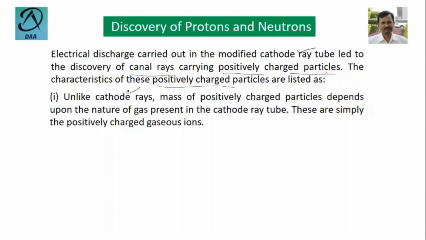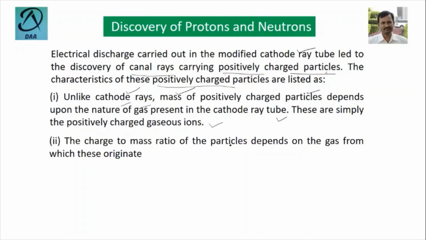We know that cathode rays are independent of the mass of the gas inside the cathode tube. But in this case, the positively charged particle depends on the mass of the particles of the gas. That means if the nature of the gas is different, then different masses of positively charged particles will be found in the cathode ray tube. These are simply positively charged gaseous ions.